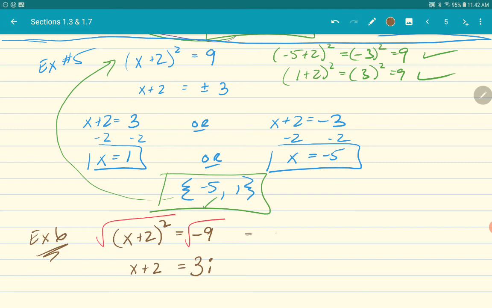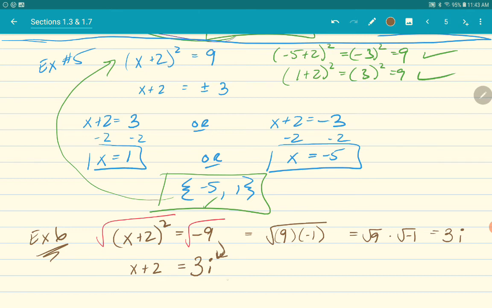But just to break this down, I can jump straight to that answer because I'm comfortable with i. But if this is the first time you're seeing it, that is the same thing as the square root of 9 times negative 1, breaking apart that negative from the 9. And that's the same as the square root of 9 times the square root of negative 1, which equals 3i.